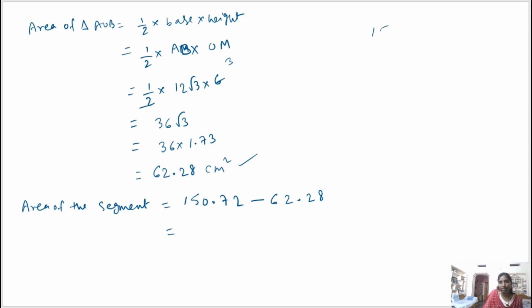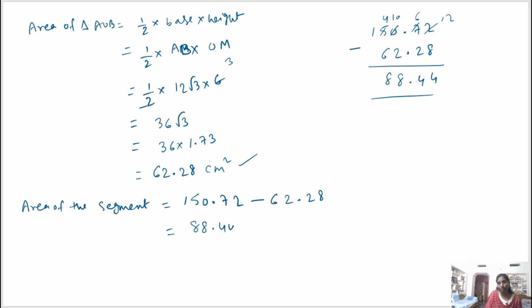Let us subtract it. 150.72 minus 62.28. 12 minus 8 is 4, 6 minus 2 is 4, 10 minus 2 is 8, 14 minus 6 is also 8. So 88.44 centimeter square. This is our final answer. The area of the segment is 88.44 centimeter square.